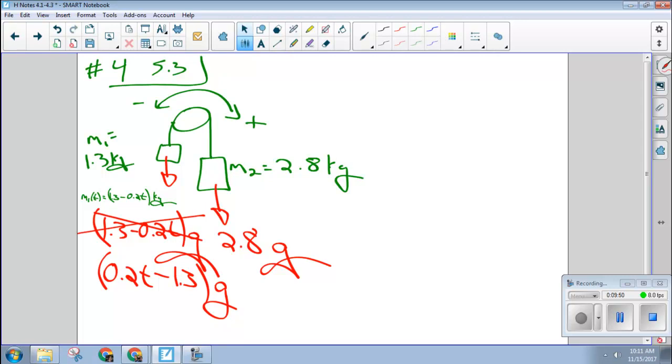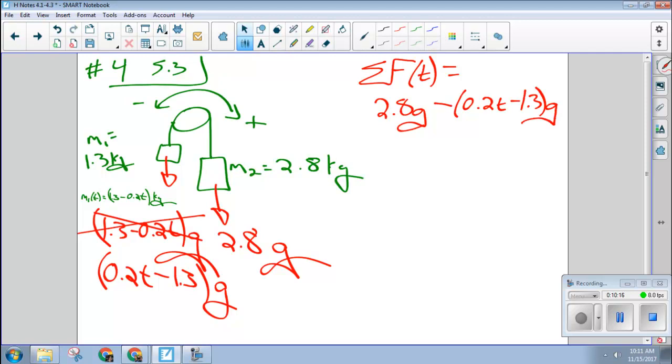Everybody good? Okay, so the net force on our system as a function of time is going to be 2.8 g minus this mess, 0.2t minus 1.3 times g.